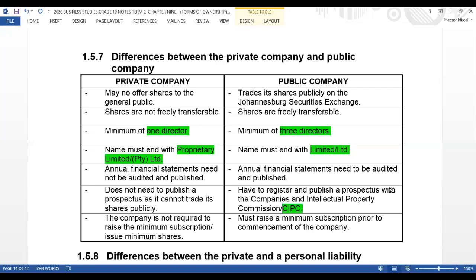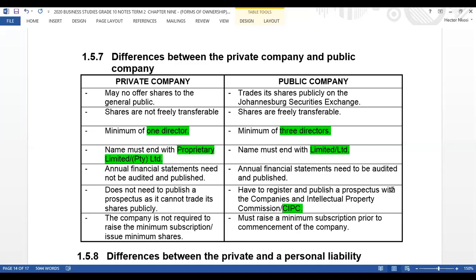So it is very vital to register through CIPC if you are a public company, so that they can scrutinize and check, and you get accreditation from CIPC, the Companies and Intellectual Property Commission.